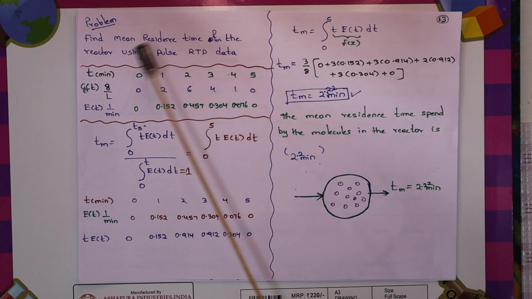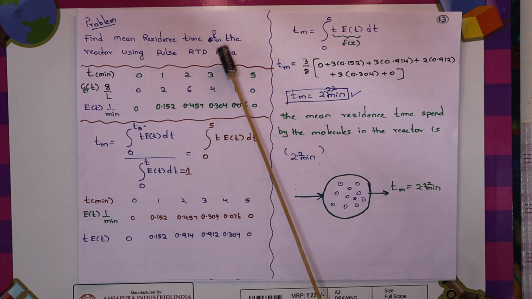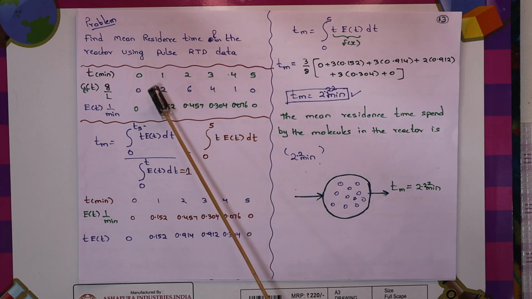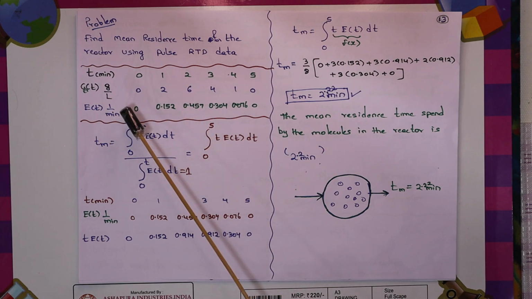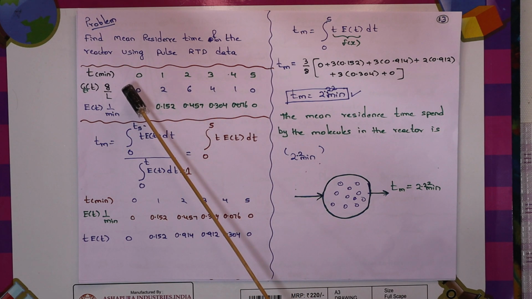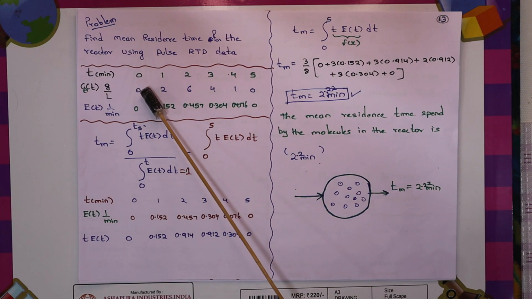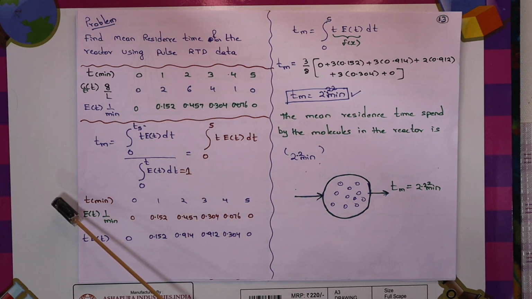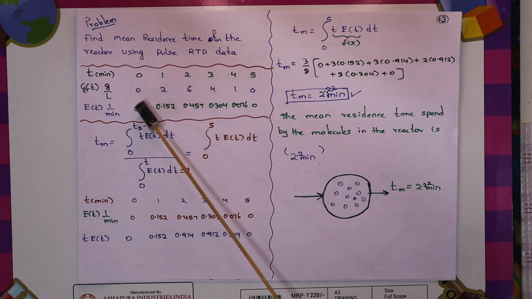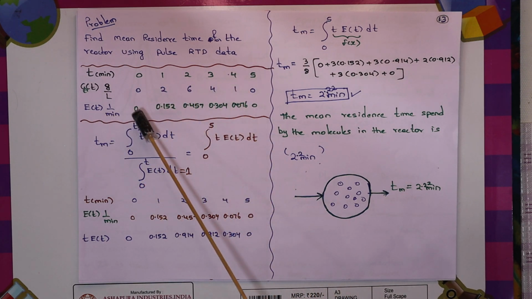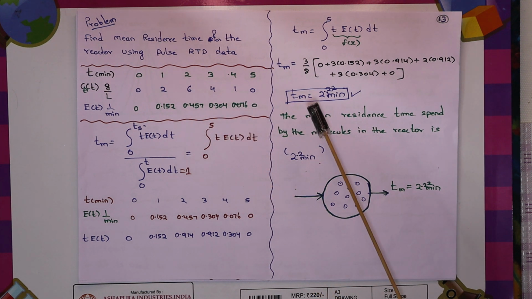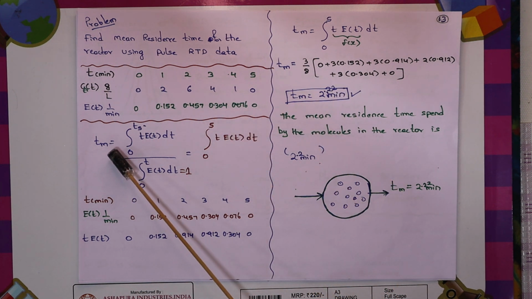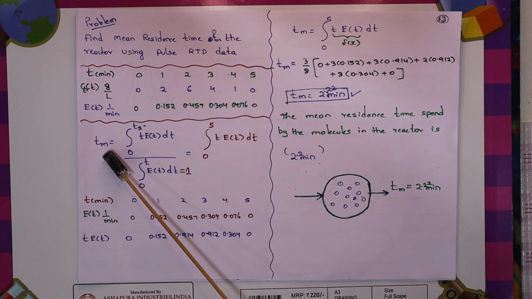Find the mean residence time of the reactor using pulse RTD data, the time information, C of t information, E of t information. How did I get the E of t information? If you follow my earlier lectures, I got it through time and concentration information. If you read through the example, you can figure out how I got 0.152, 0.457, 0.302 and so on. So let us find out the mean residence time of all the molecules.